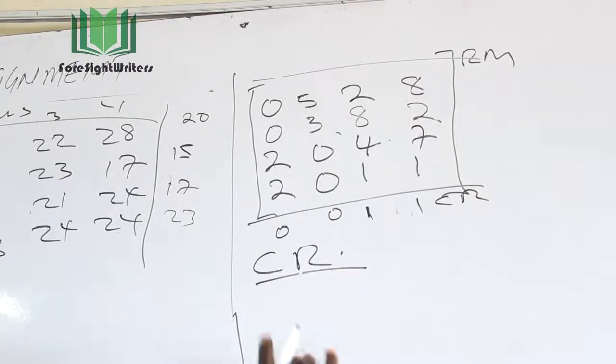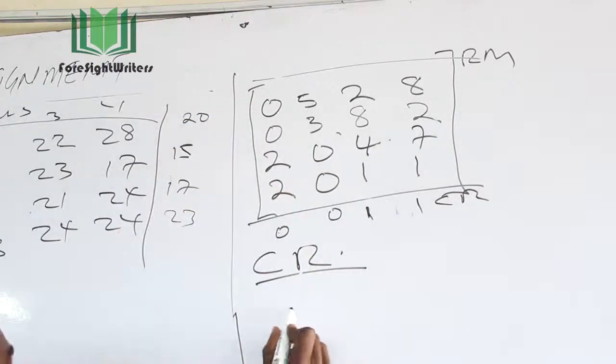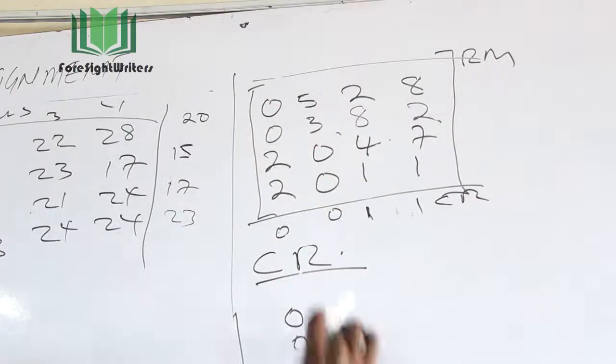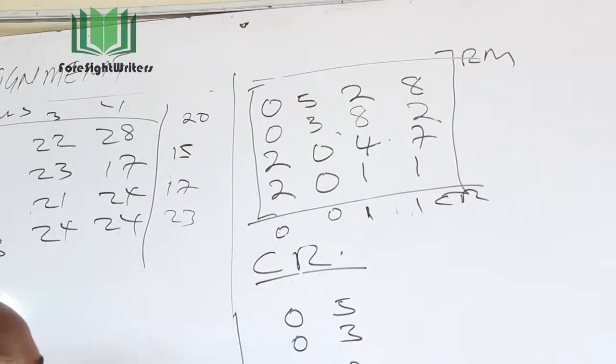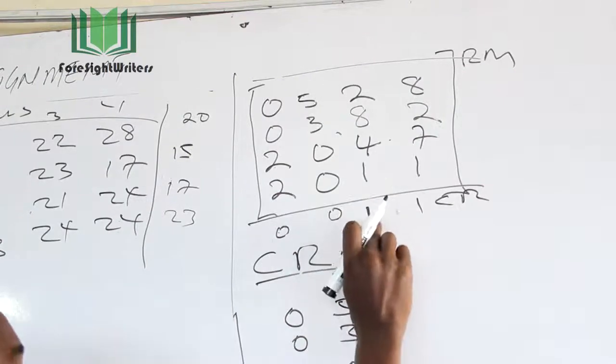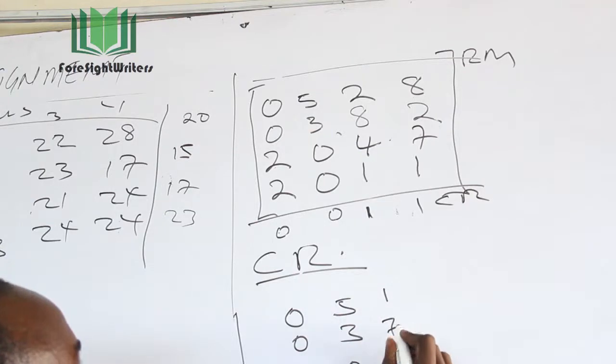When you see a 0, it means you leave the values the way they are. So this is 0, 0, 2, 2, because a 0 subtracted from a number gives you the same number. This one also I will leave the way it is. So 0, 0. Now this one requires reduction because the least value in this column is 1. So this transforms to 1, this becomes 7, this becomes 3, and finally this one becomes 0.